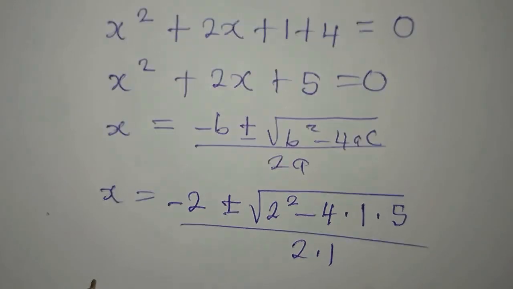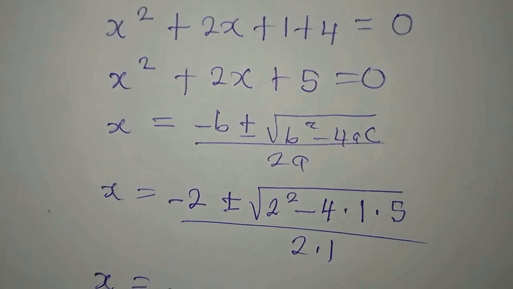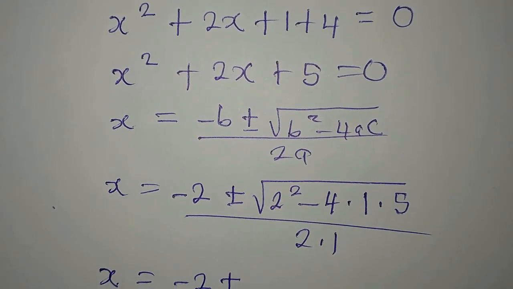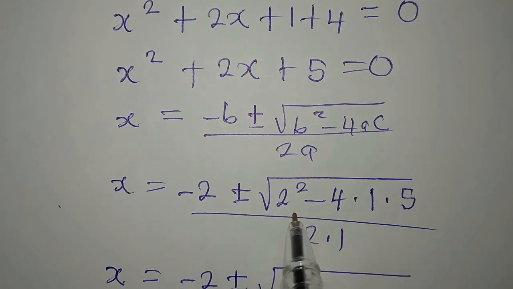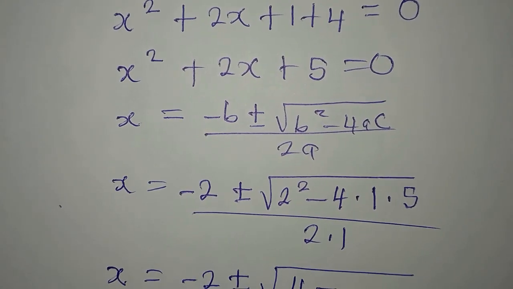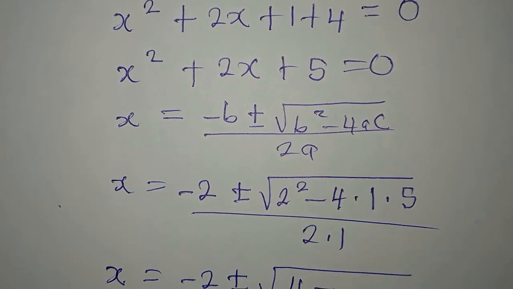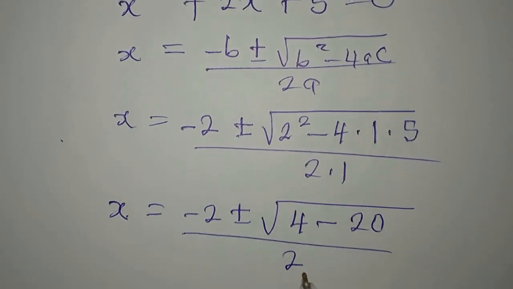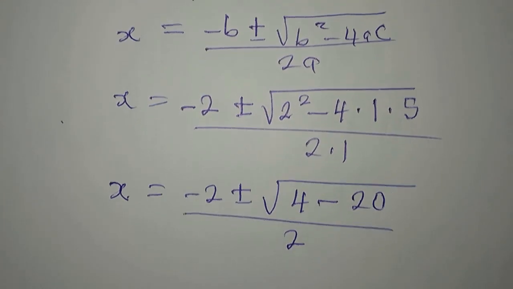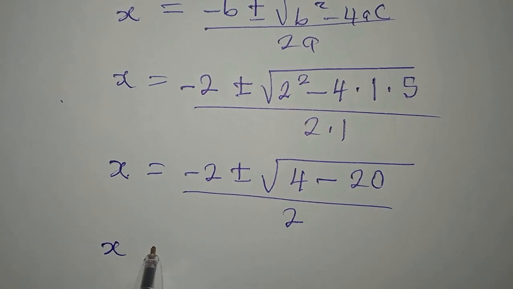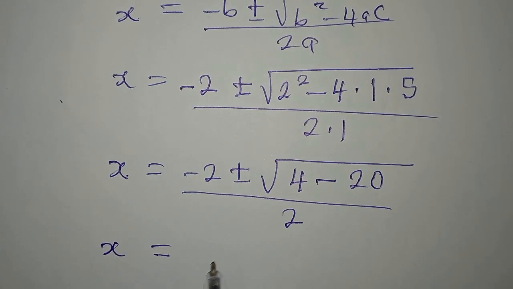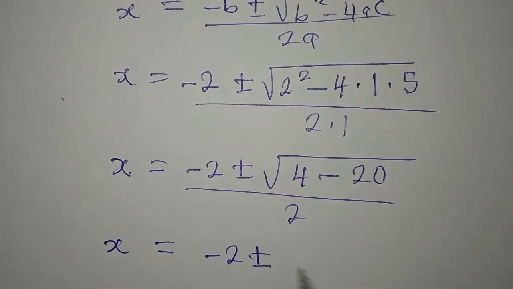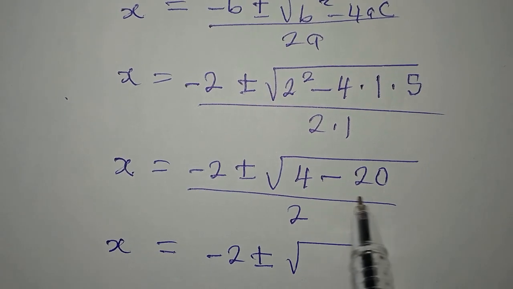Now x is equal to minus 2 plus or minus the square root of 2 squared, that will be 4, minus 4 times 1 times 5 will give us 20, and this is over 2. Now our x from here is equal to minus 2 plus or minus the square root of 4 minus 20, which is minus 16.